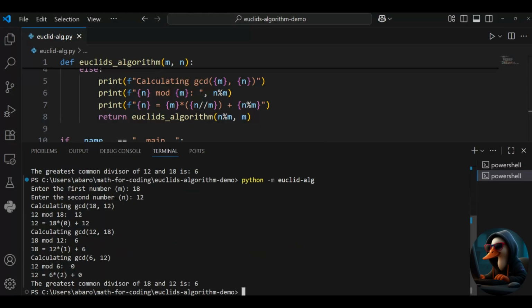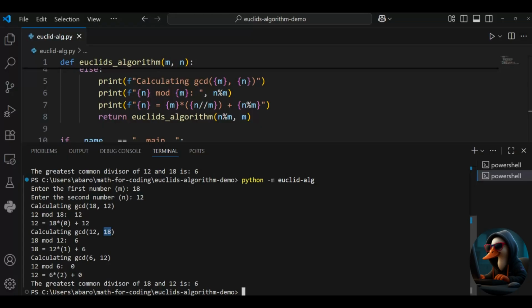But now, for the first step, we're calling 12 modulo 18, which is 12 divided by 18, getting the remainder of that, where the quotient is 0. We just have a remainder of 12. And now we're passing that in because that remainder becomes the first value in the next step. And our original m, we're moving over into the second value.